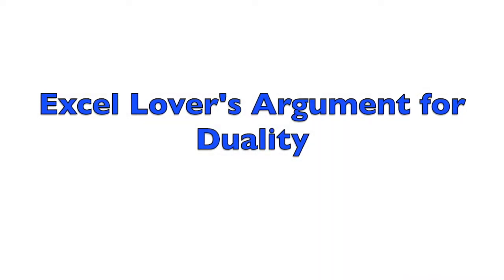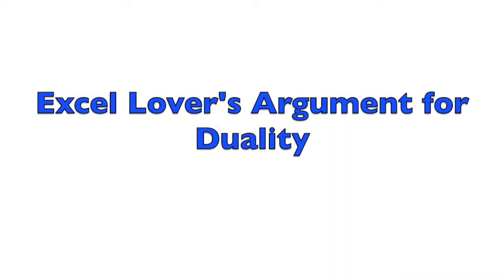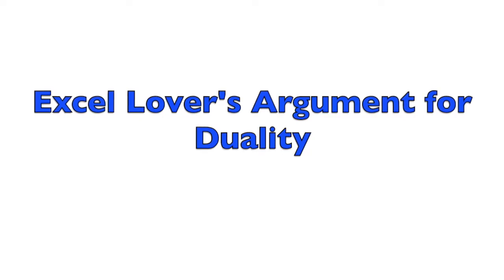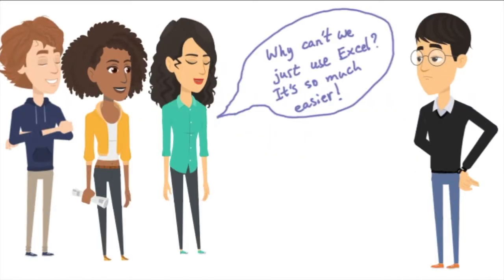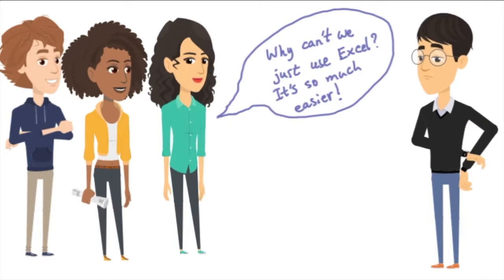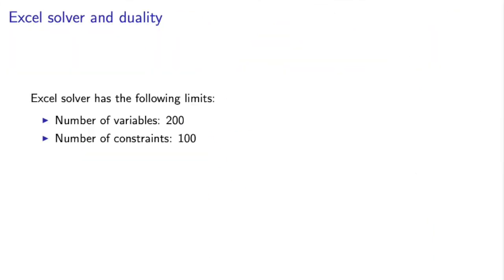The first example I would mention is an obvious one, as it has to do with Excel solver that the students like to use so much. I know, they always ask me if they can use Excel instead of AMPL. So, what does Excel solver have to do with duality? I thought it was just a primitive toy for amateurs. Well, do you know what are the limits on the number of variables and constraints in Excel solver?